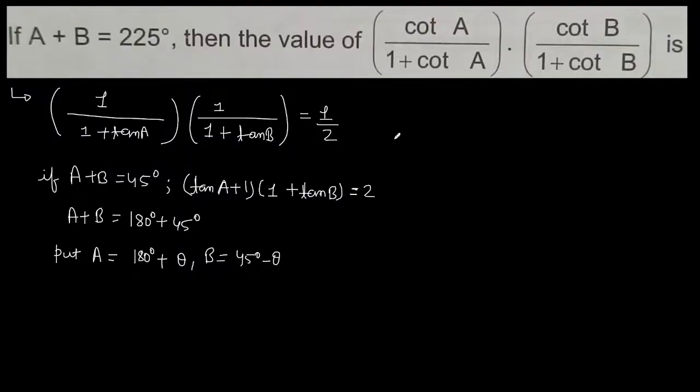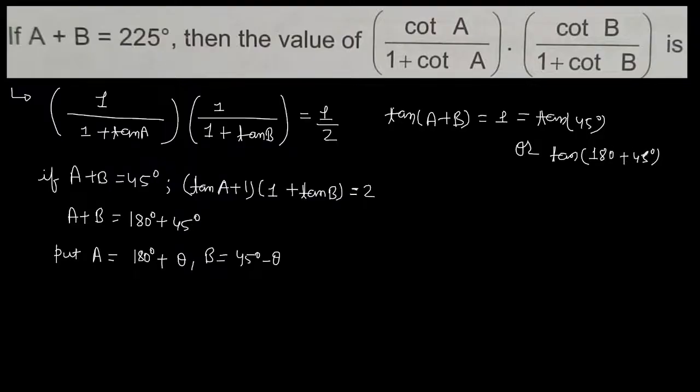Because after solving this we are getting that tan(A plus B) is equal to 1, which is equal to tan 45 degree or tan 180 plus 45 degree. So A plus B could be this, A plus B could be this.